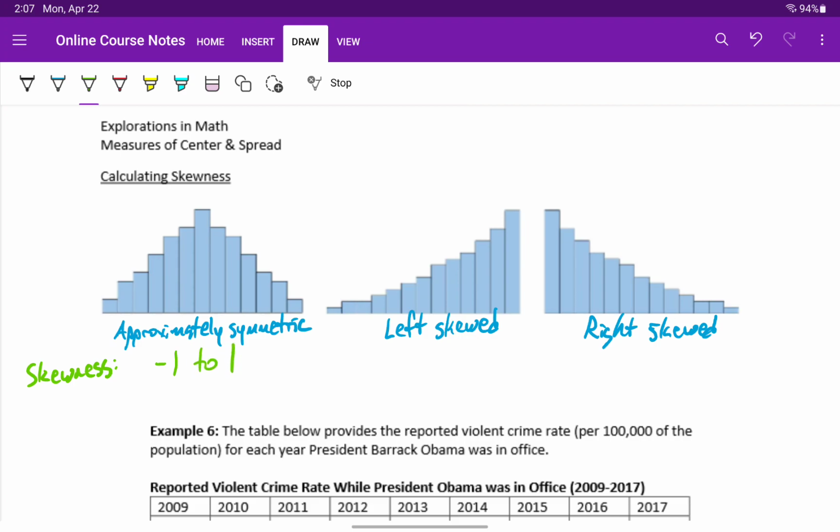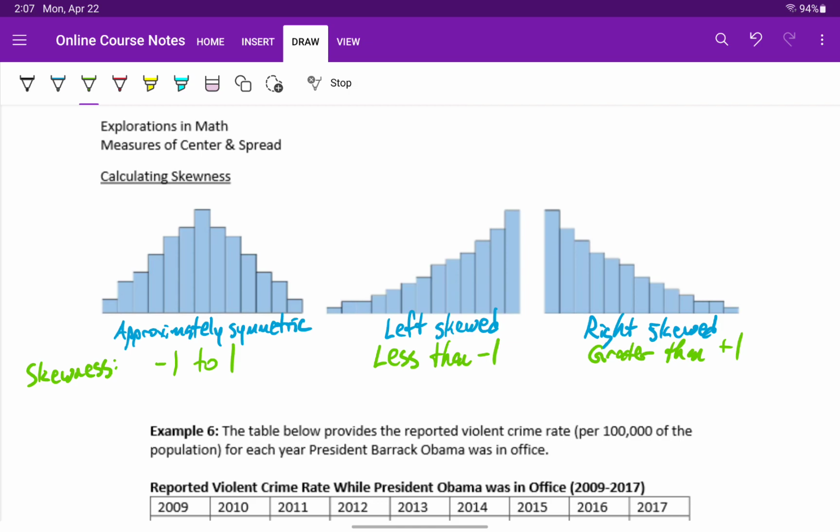If that's the case, we would refer to our data as approximately symmetric. If we have left skewed data, then our skewness would come back as something less than -1. And right skewed data would come back as greater than -1. I'm sorry, greater than +1.